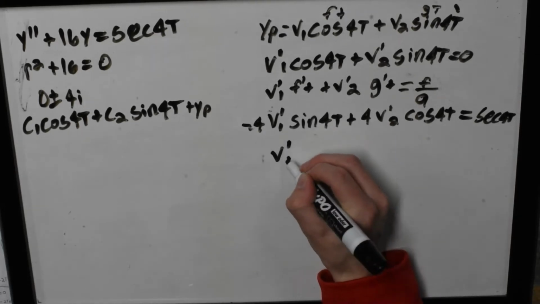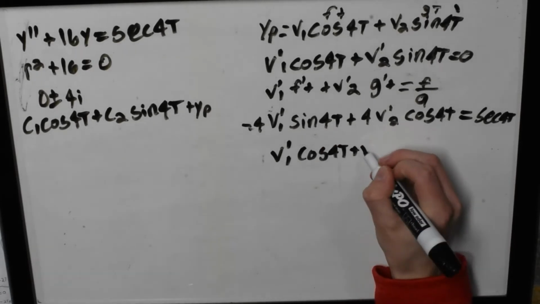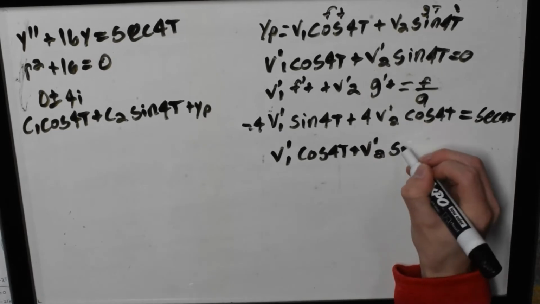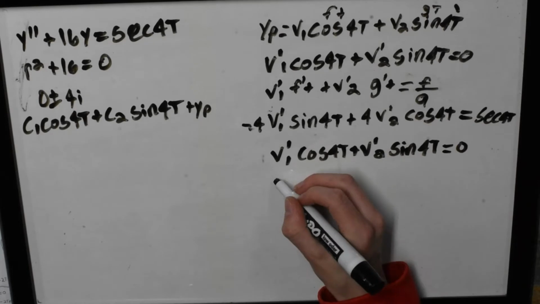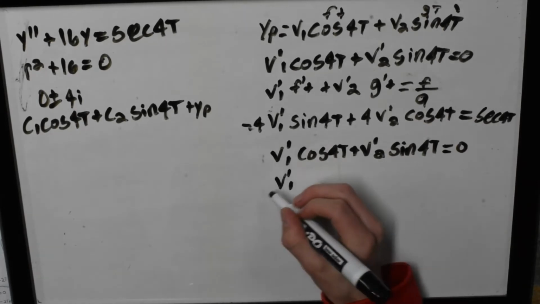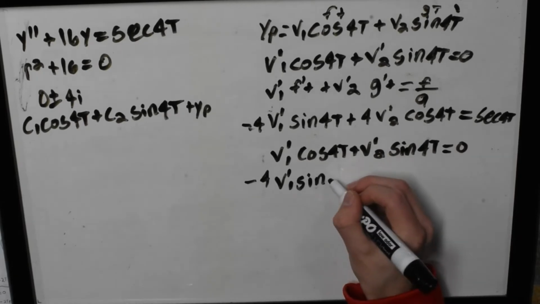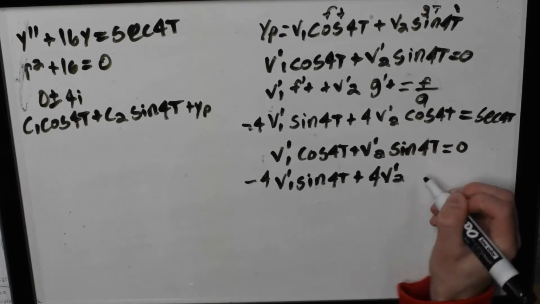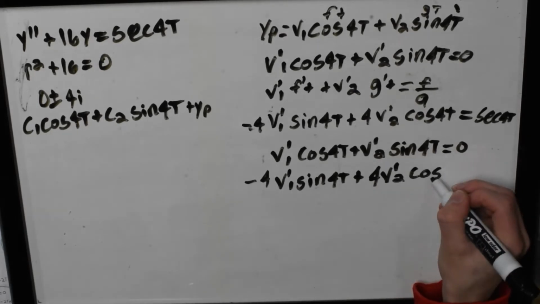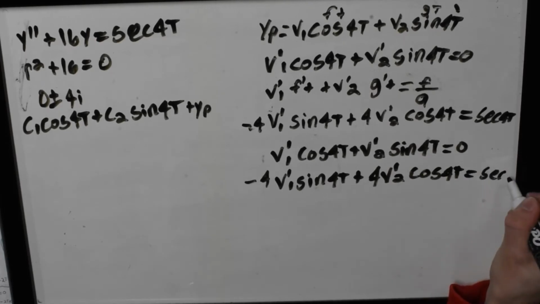We have v prime 1 cosine 4t plus v prime 2 sine 4t is equal to 0. And we have negative 4 v prime 1 sine 4t plus 4 v prime 2 cosine 4t is equal to secant 4t. And we're going to solve this system of equations.